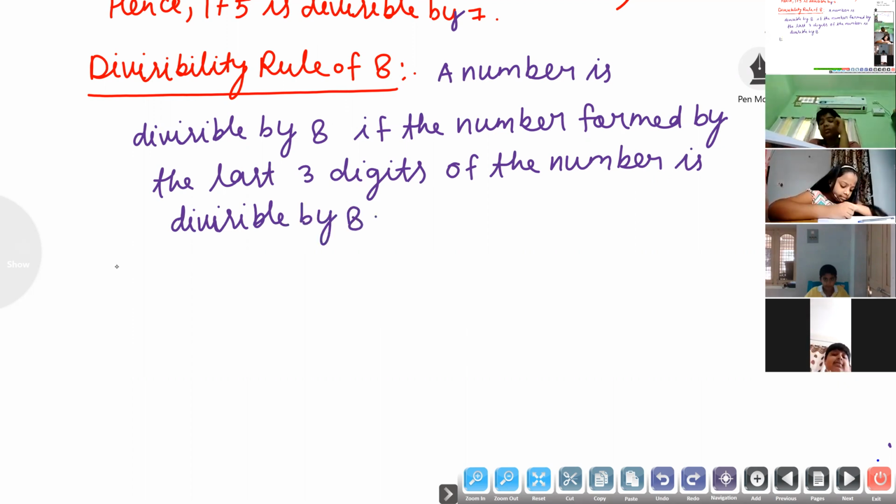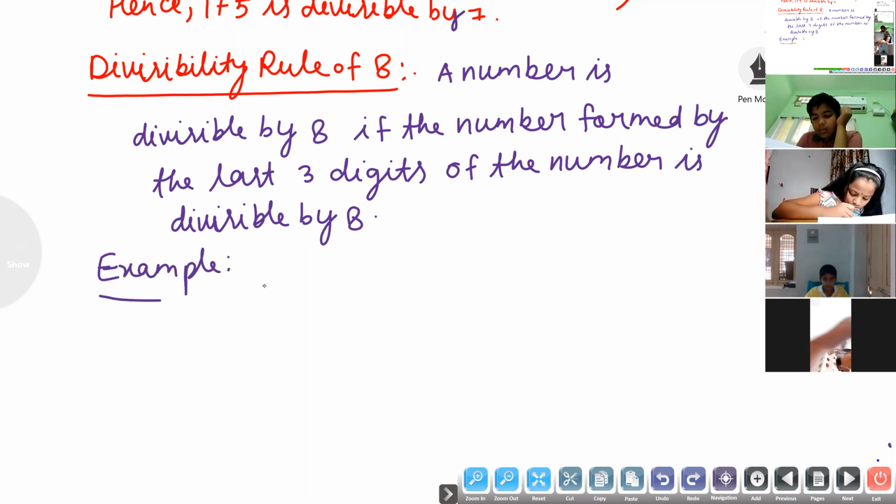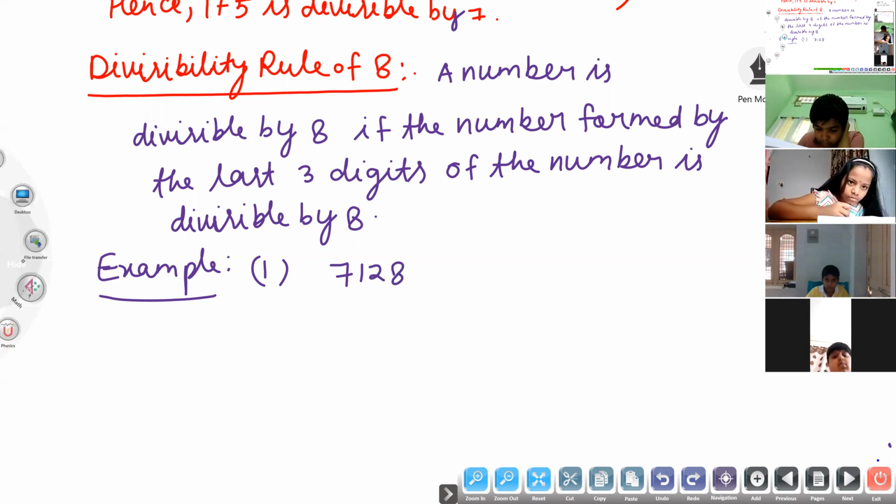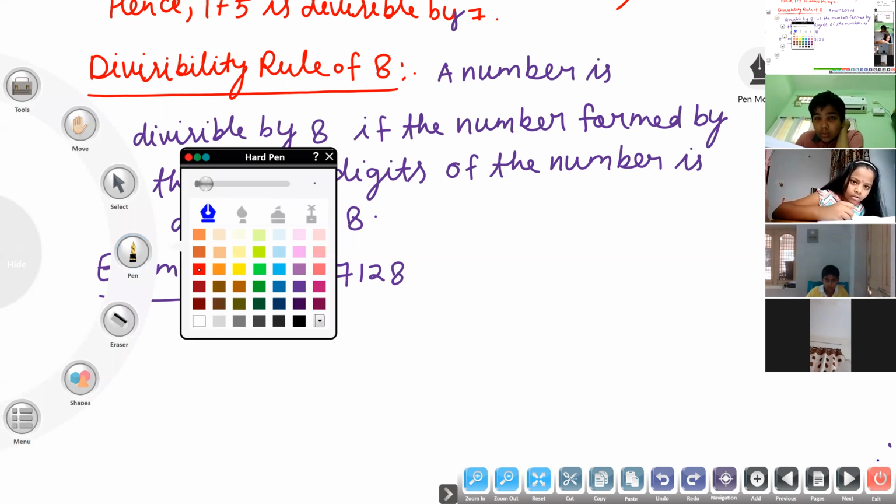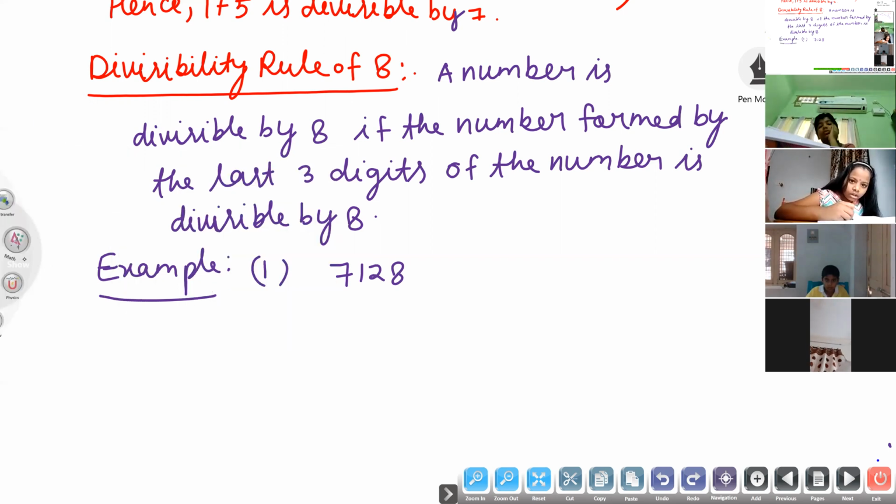Example, 7128. The concept he has given: a number is divisible by 8 if the number formed by the last three digits is divisible by 8. What are the last three digits? 128.